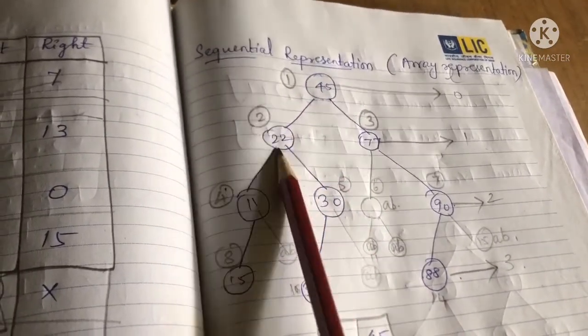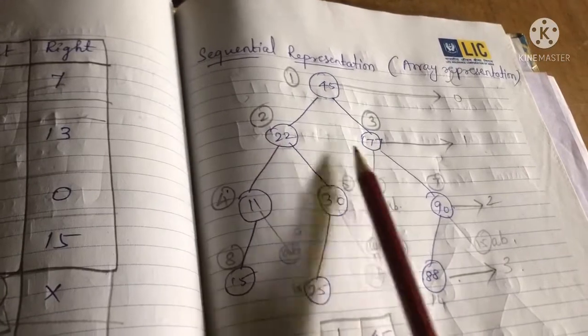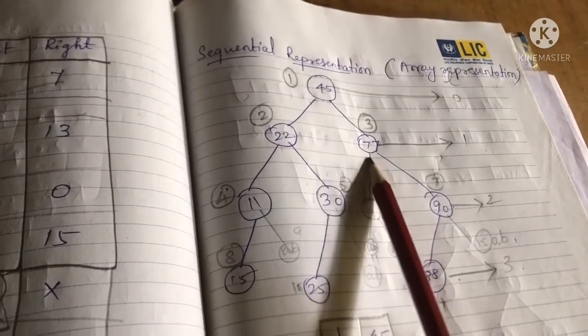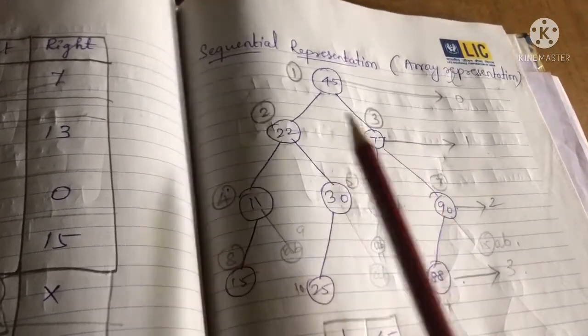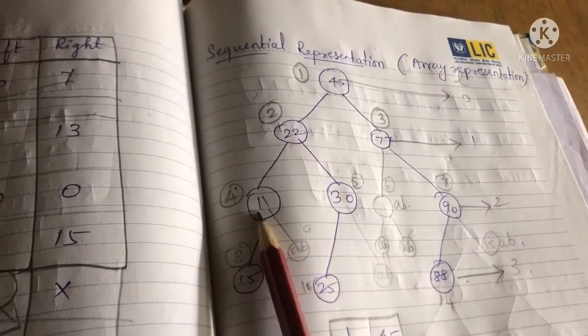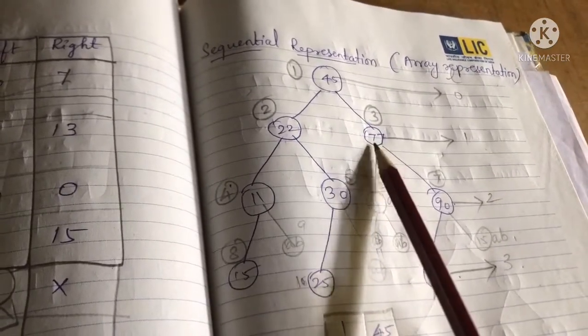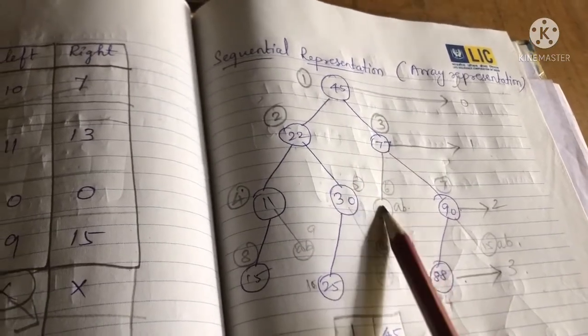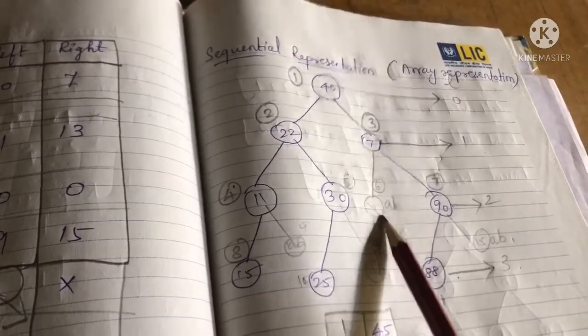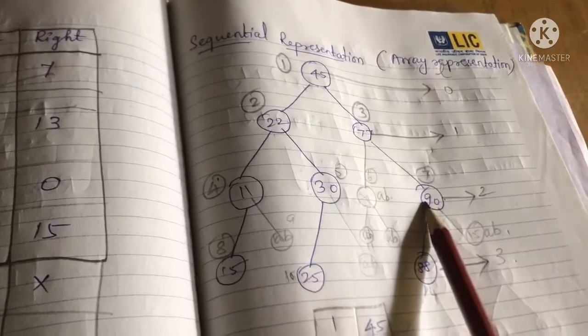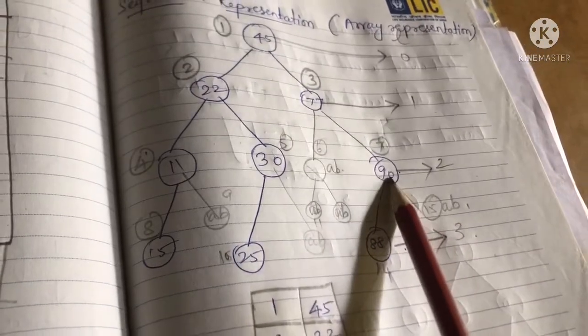Then second is the left child, 22. Third is the right child, 77. Next the left child is 11, then 30. The left child of 77 is absent, no data, so leave it. Then the right child is 90.